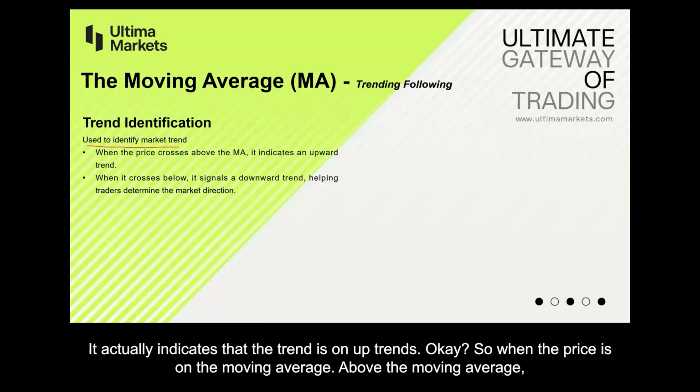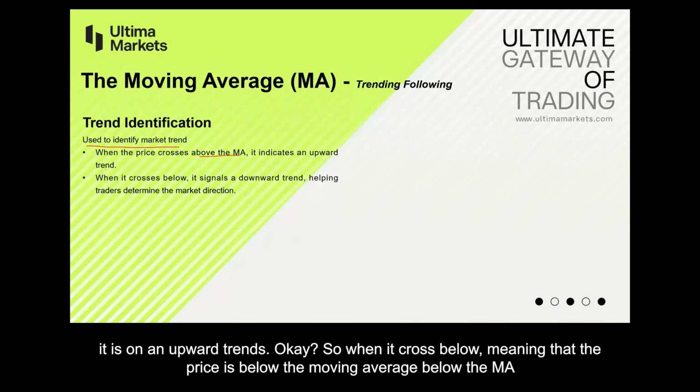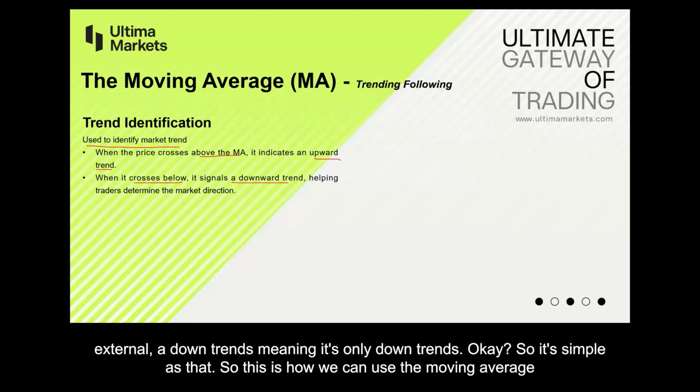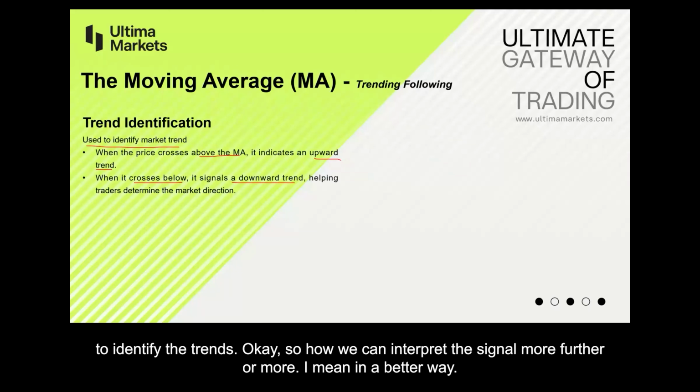So when the price is above the moving average, it is in an upward trend. When it crosses below, meaning the price is below the MA, it's in a downward trend, meaning a downtrend. It's as simple as that. This is how we can use the moving average to identify the trends.